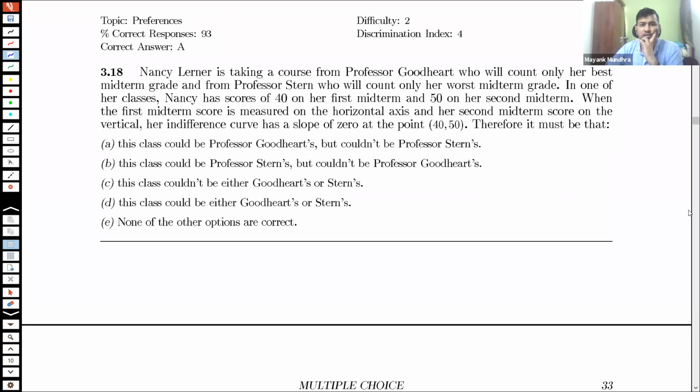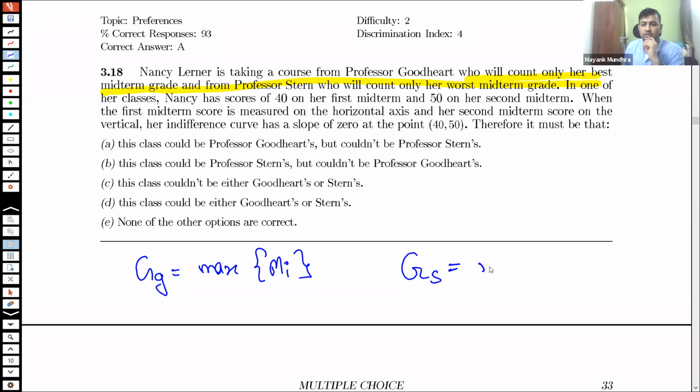Okay, Nancy Lerner is taking a course from Professor Goodhart, who will count only her best midterm grade, and Professor Stern, who will count only her worst midterm grade. So the grade in Professor Goodhart's class is going to be the max of the different scores in midterms, and the grade in Professor Stern's class is going to be the min of her marks in different midterms.